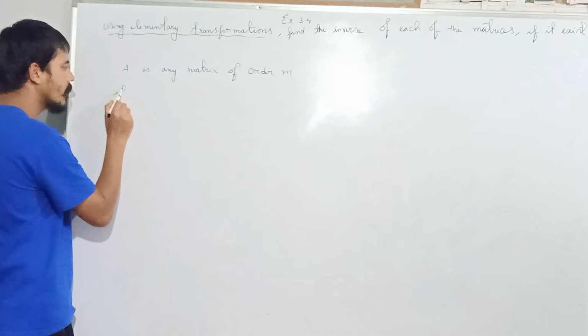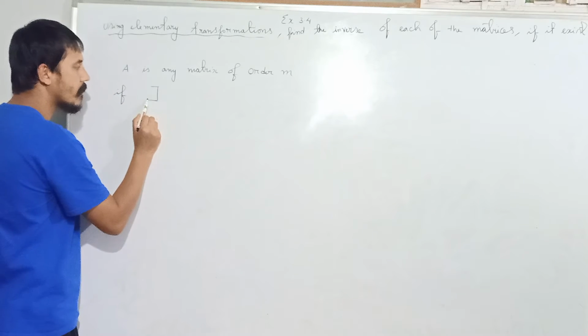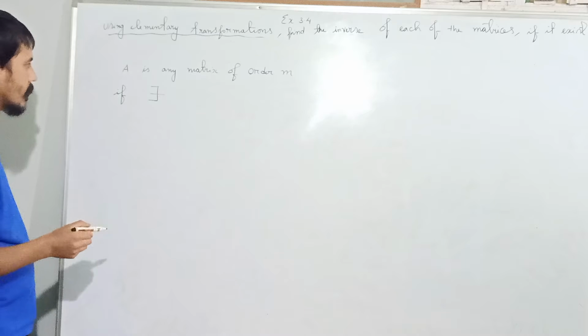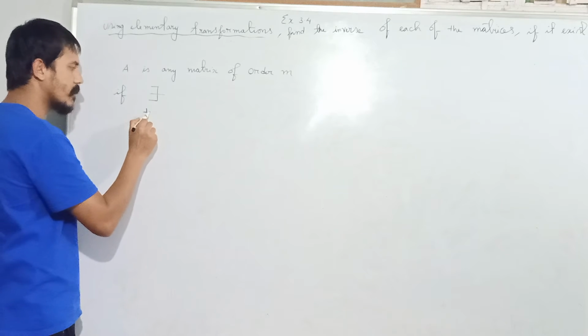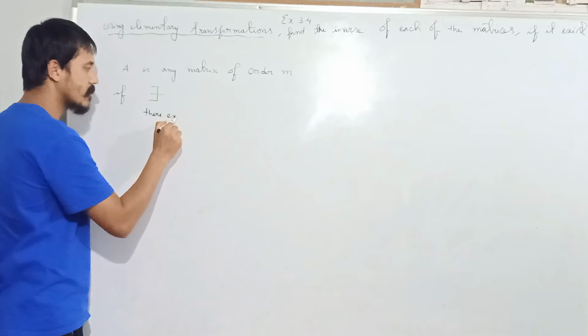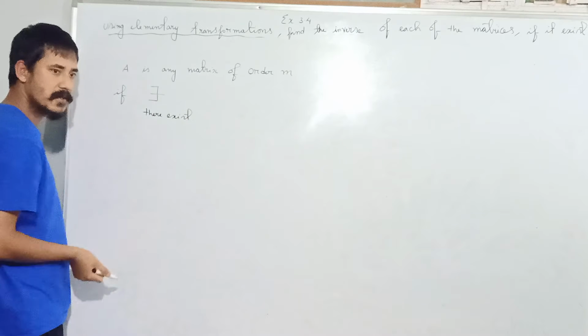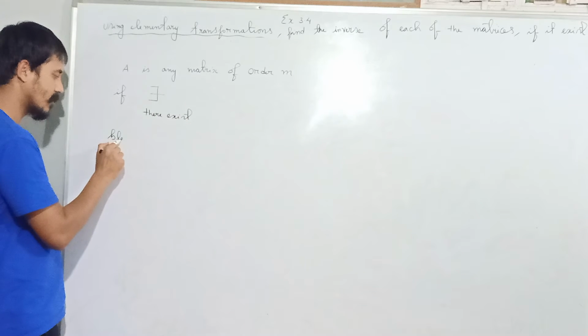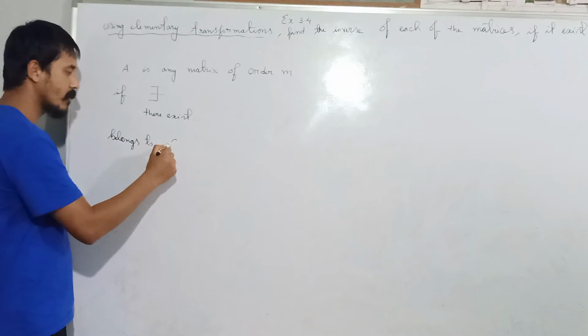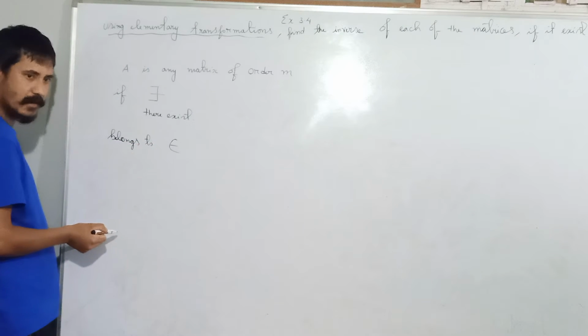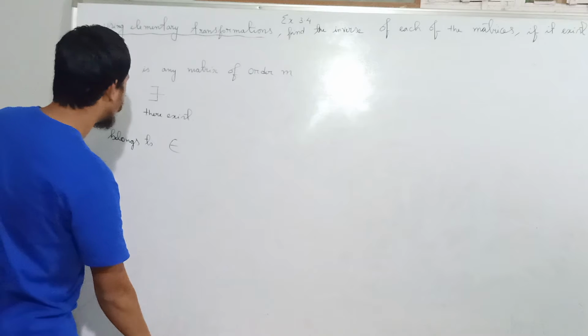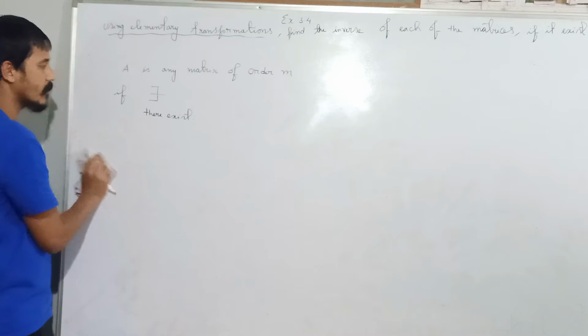Now, if there exist, this is the symbol of there exist. In maths we use certain symbols, right? Belongs to, B-E-L-O-N-G-S, belongs to, like this. The same way, there exist.